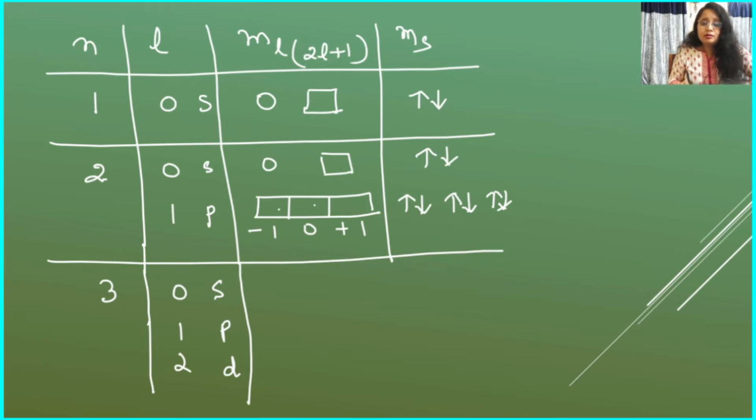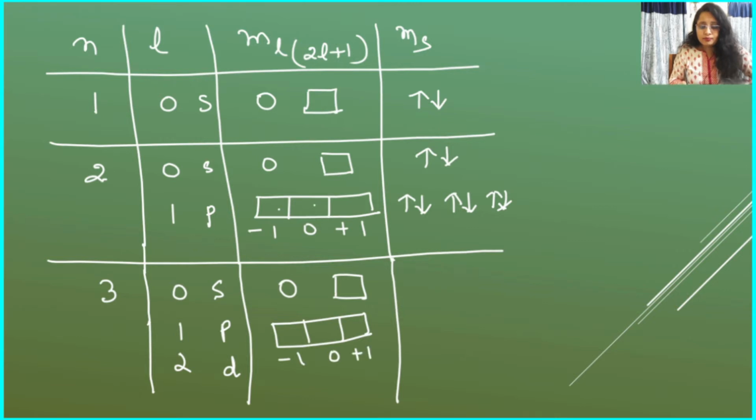If you have any doubt, please go to that video and check this. For 0, m should be only 0 and having only 1 orbital. For p, again 3 orbitals, which are minus 1, 0, plus 1.